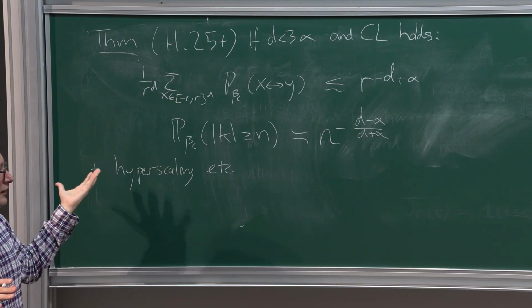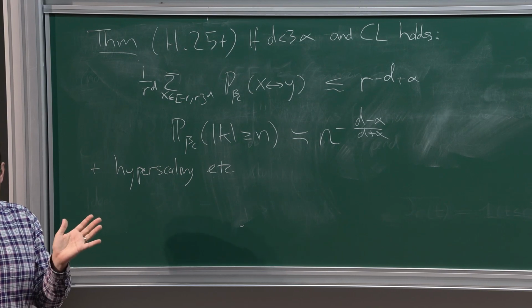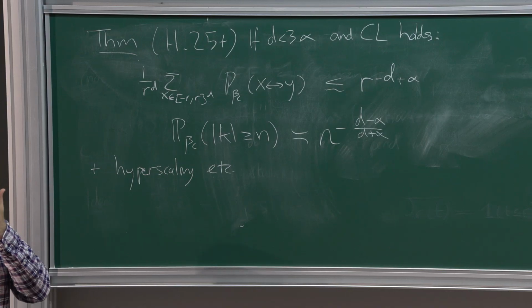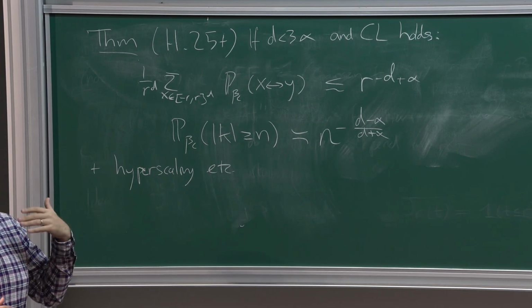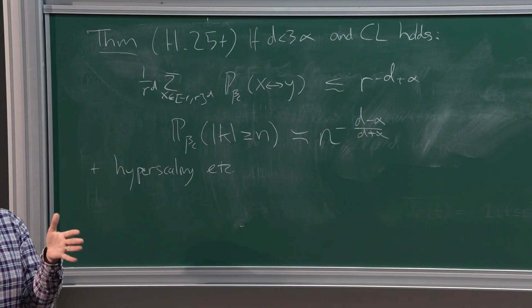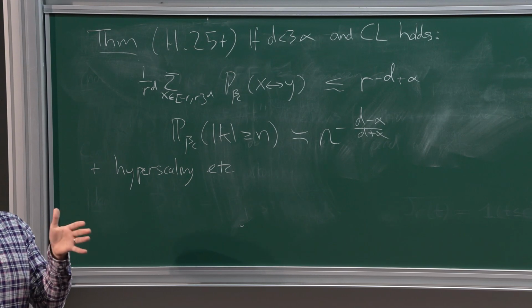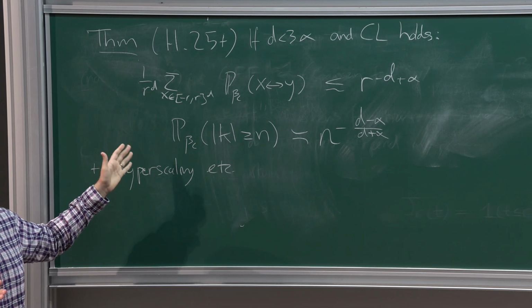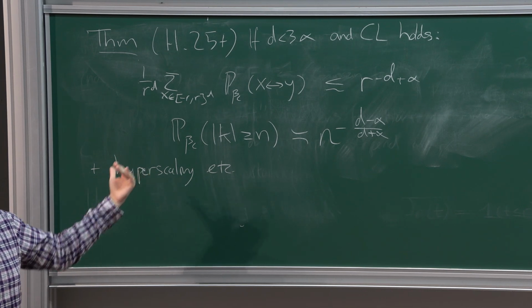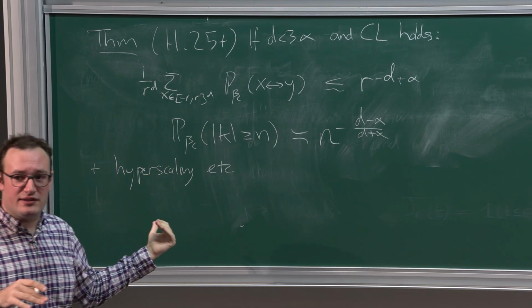You can think that you actually get some precise versions of these hyperscaling relations. So, for example, I was telling you before about in the low-dimensional regime, the best way to be in a large cluster is to be in the typical large cluster on an appropriately chosen scale. And indeed, you can really prove things like that, that really is the dominant strategy, and any other way of getting a large cluster will be less likely, things like that.